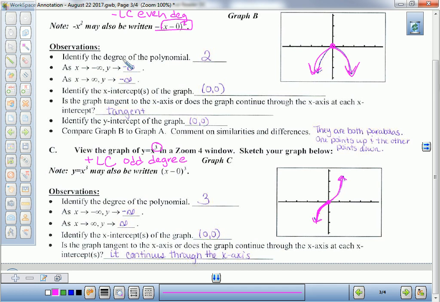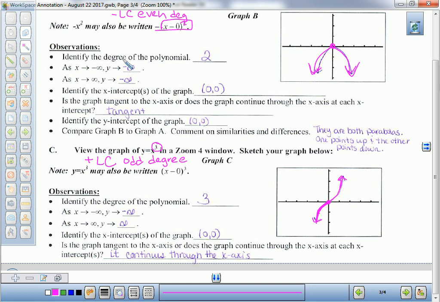But this side is concave up. It's almost like there's a little squiggle right there at the origin. The curvature of the graph changes. It changes from concave down on the left side to concave up on the right side. So that makes the origin, this x-intercept of the graph, an inflection point.